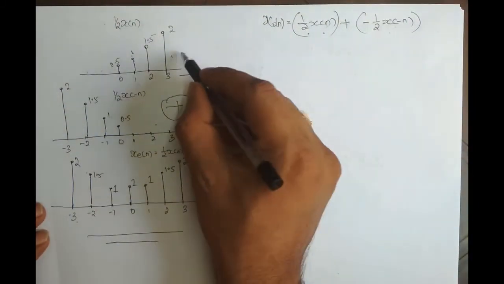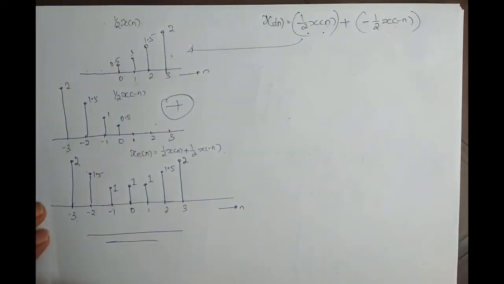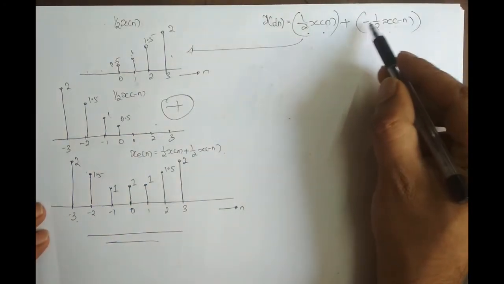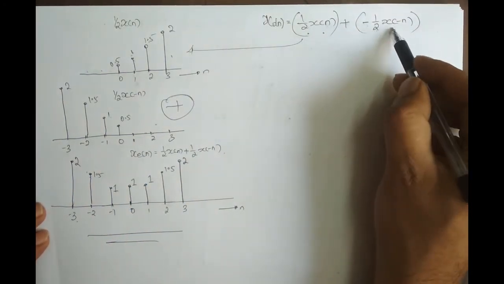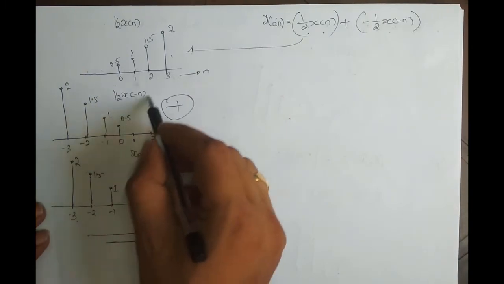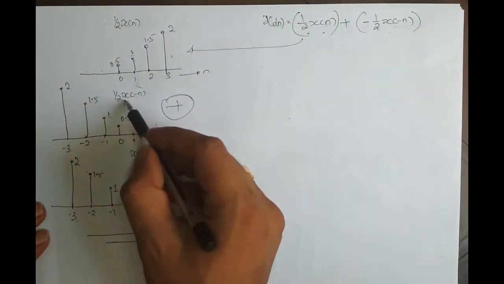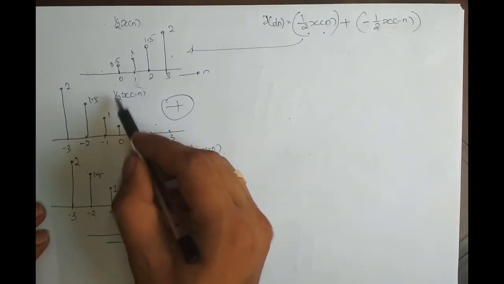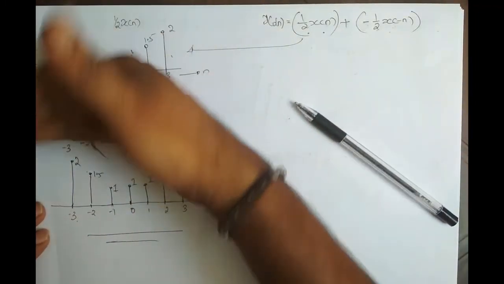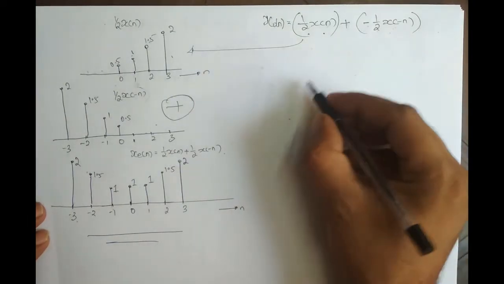So this signal I already have. This is our half of x of n. But how to get minus of half of x of minus n? So I already have a half of x of minus n. So what I need is minus of this signal. What do you mean by minus of this signal? It's nothing but its amplitude goes down, right? So we will sketch one below the other.